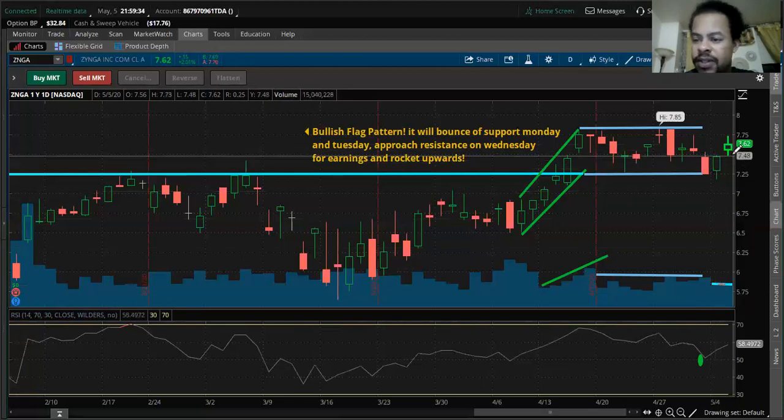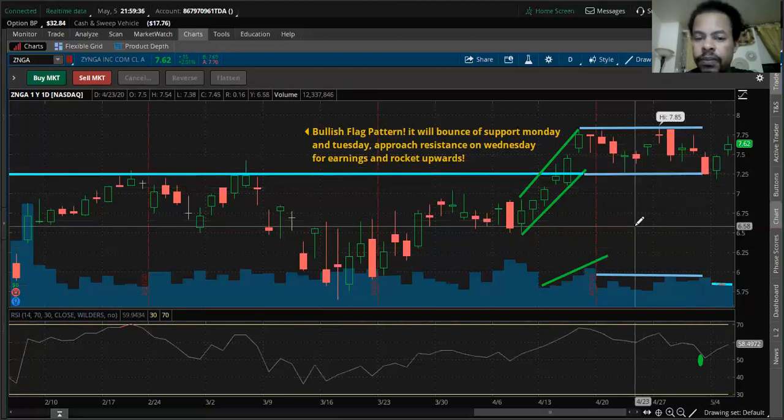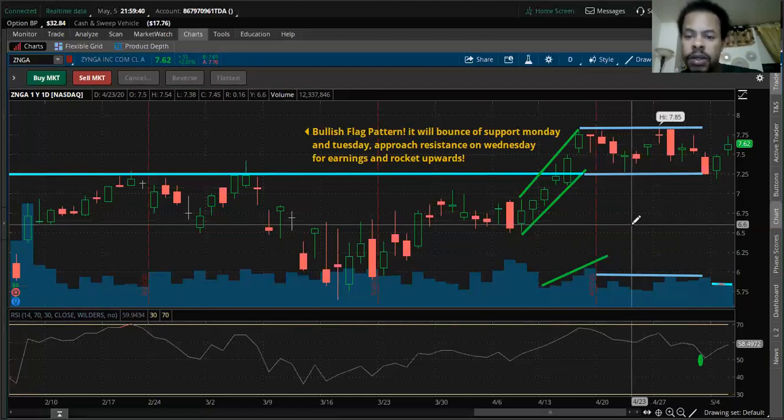But this is ultimately good. So overall, you know, I think Zynga is doing good. I think tomorrow they're gonna really skyrocket upwards. The chart is agreeing with me. So now I just need the numbers, the fundamentals to agree with me as well.